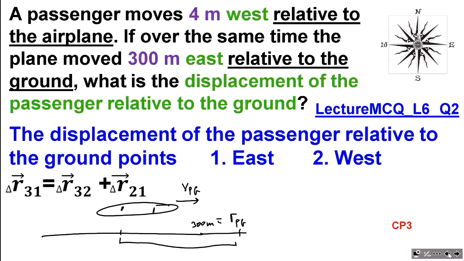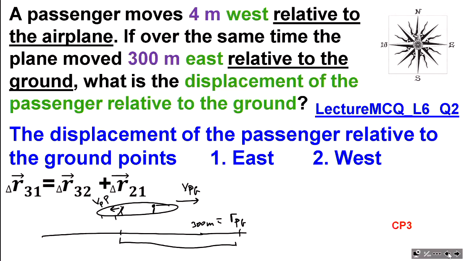So relative to that observer, that's what relative to the ground means. And here, relative to the plane means relative to an observer which is on the plane. So this is an observer, and this is the passenger. The passenger walks west. And this arrow should represent now the velocity of the passenger, P, relative to the plane, big P.